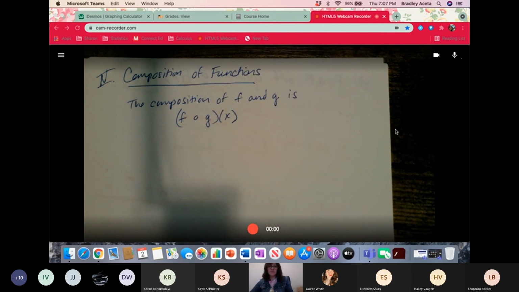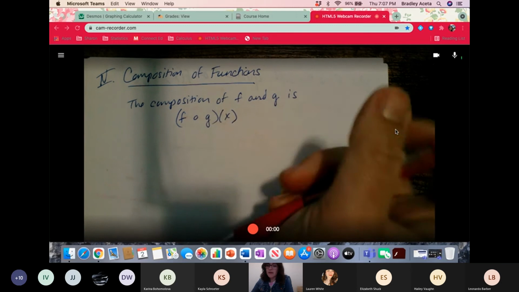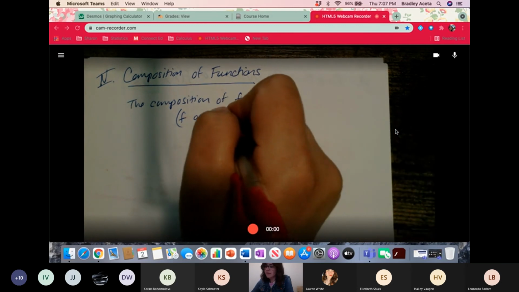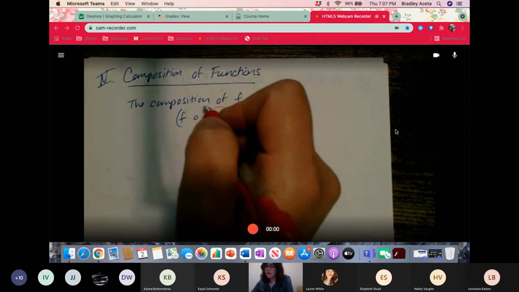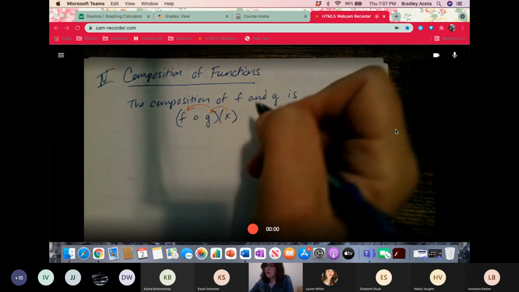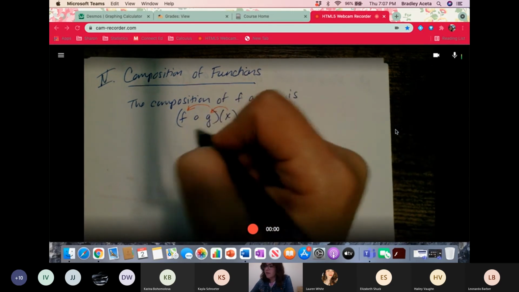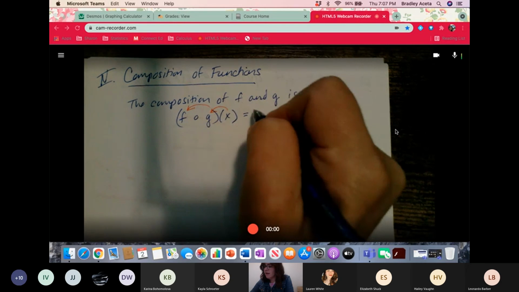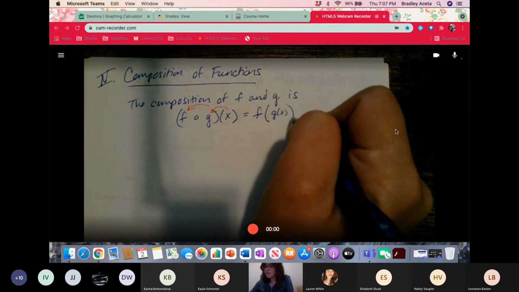That means, if you see f of g, you are going to take the g of x function and plug it into the f everywhere you see an x. So it means the f of the g of x.